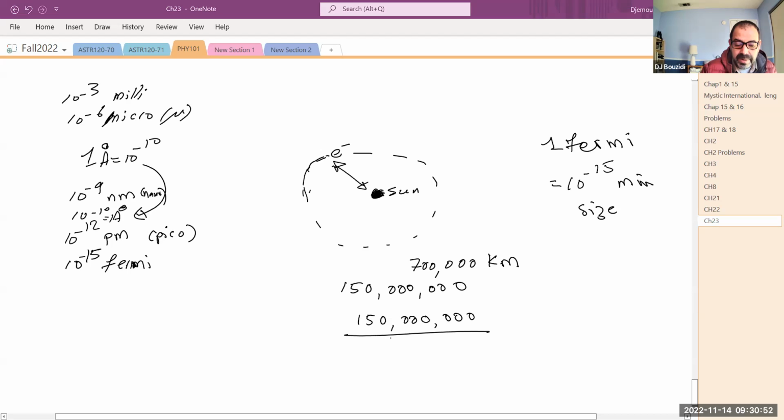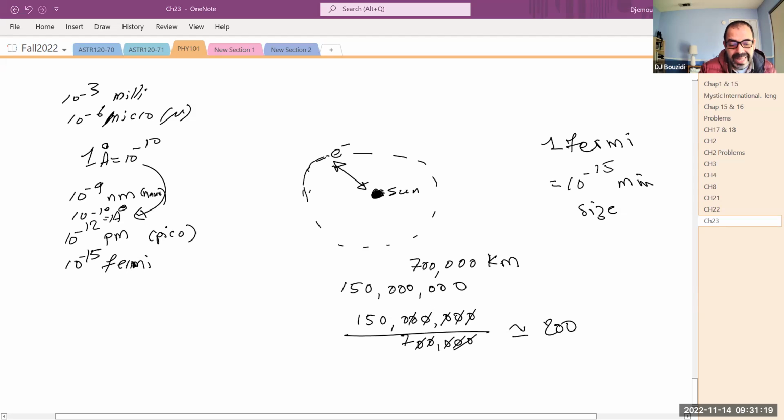So if you take 150 divided by 700,000, obviously the zeros cancel, and I will be left with 1,500 divided by 7, which is roughly about 200. It's about 200 and some change.